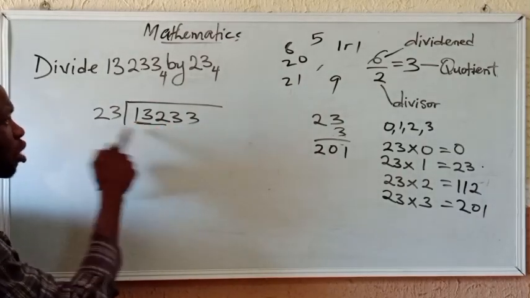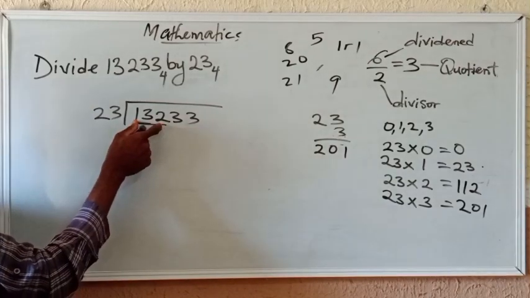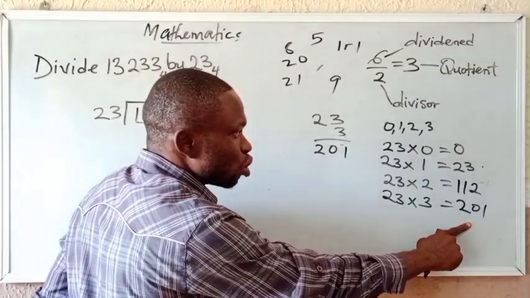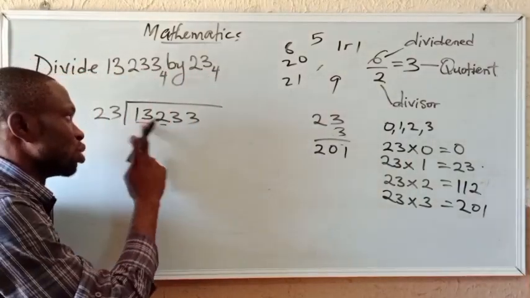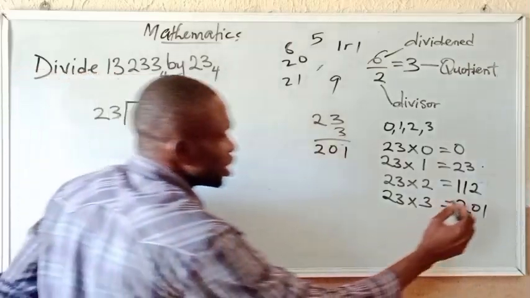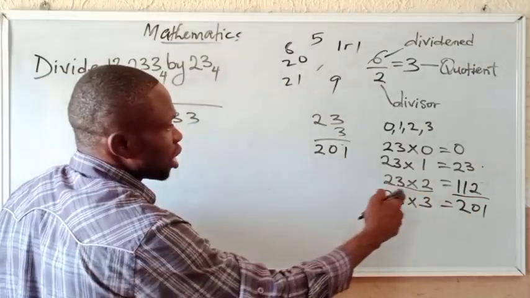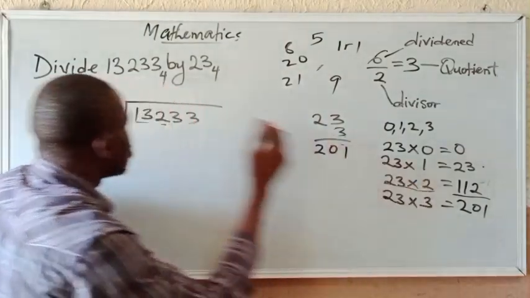Now we have 132 by this. All we need to do is go to our multiplication set to see if we can find 132. Looking at it, there's no 132. So we check for the value that is closest to 132, which is 112. The multiplication there is 23 by 2. So that means 132 divided by 23 will give us 2.